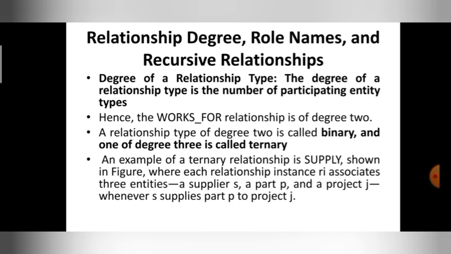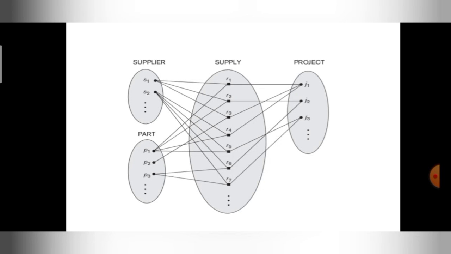Degree of a relationship type is nothing but the number of participating entity types. Based on that, I can identify the degree of a relationship. For example, here, how many entities are participating? 3 entities: supplier is one entity, part is one entity, project is one entity.